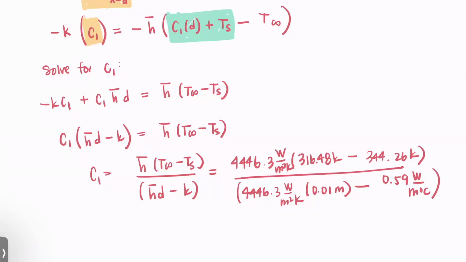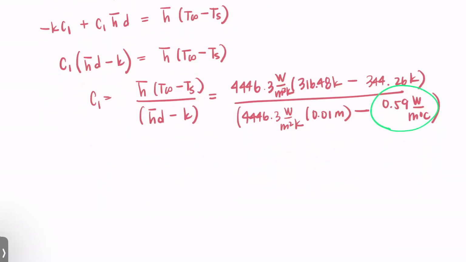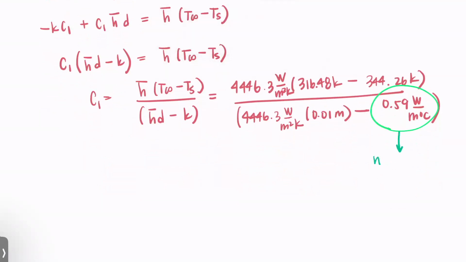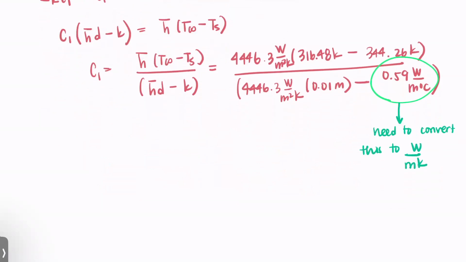Now, there's an issue with the units at the moment. We have Kelvin and then we have degrees C. So we need to convert this to watts per meter Kelvin, and it is equal to 0.00215 watts per meter Kelvin.